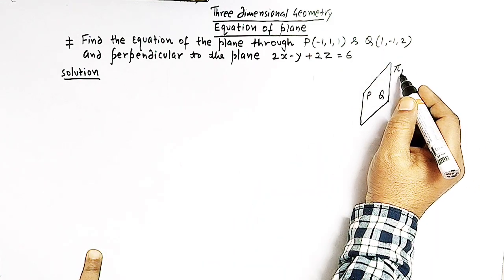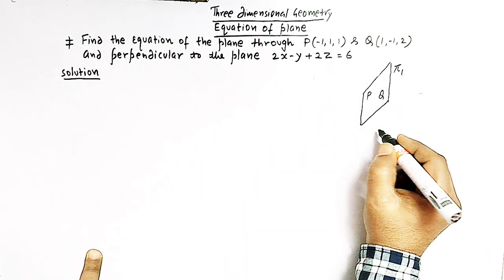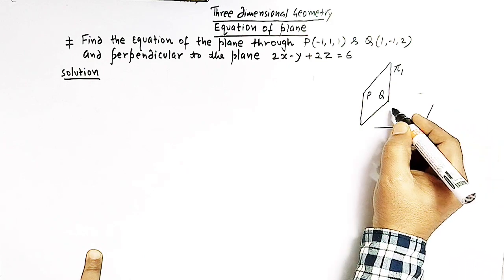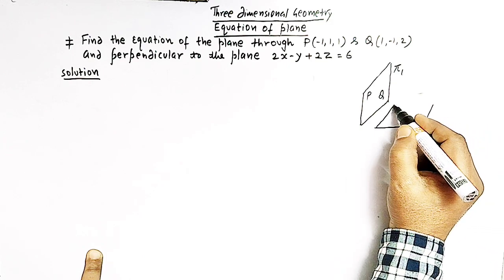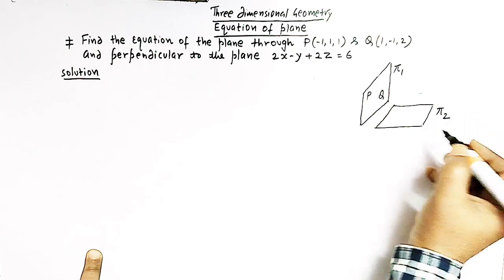And this plane pi 1 is given to be perpendicular to this plane, and let us draw this plane like this, right? So here we can denote this plane by pi 2, right?